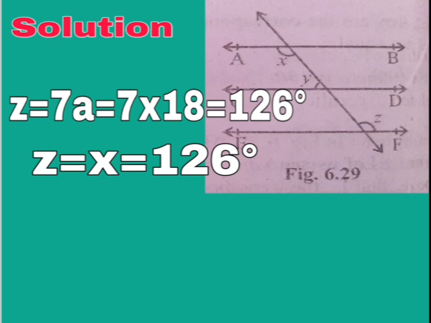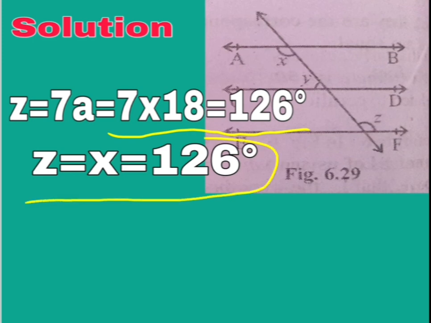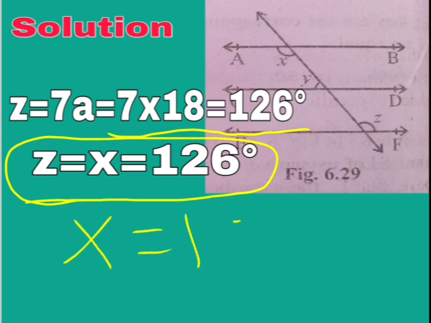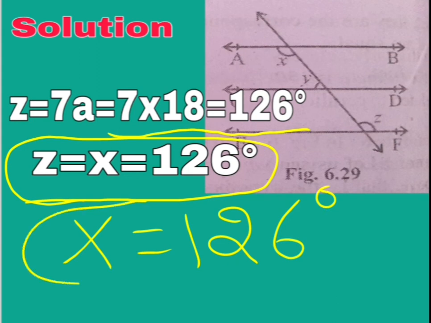Okay, Z is equal to 7a, 7 into 18 is equal to 126 degrees. So Z and X both are equal because they are alternate interior angles. So we can write that X and Z both are equal. The question is to find the value for X. Here we got the value of X. X value is equal to 126 degrees.